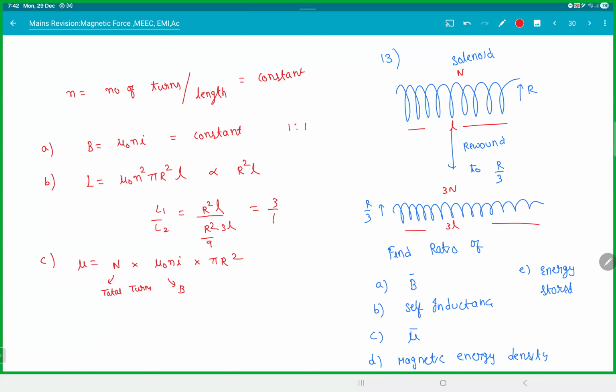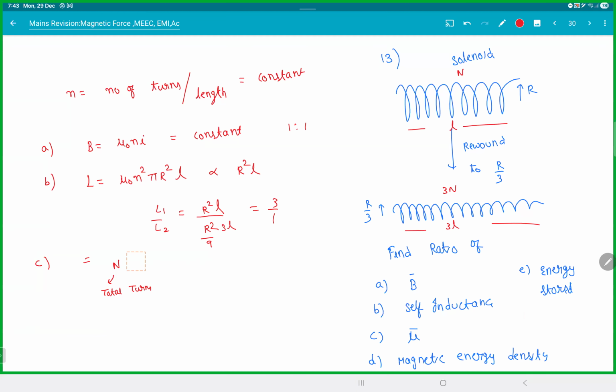You can actually find flux. Actually, that is only B ka question. Because remember, flux is equal to Li, which will be same as the mutual inductance. So you need not do that. It is same as that only. If they ask you find flux, say flux is equal to Li or proportional to L. So L ka answer will be that only.